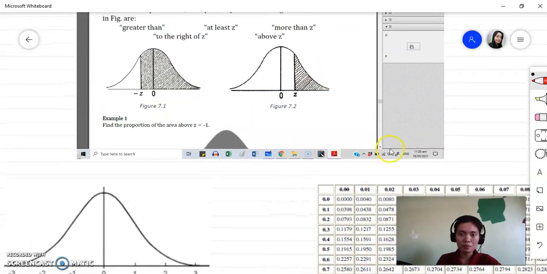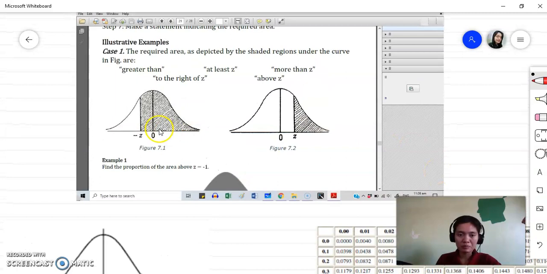Okay, now we have here, by the way, two illustrations. For figure 7.1, this is an example wherein your z is negative. So we have the area greater than z, this shaded region.